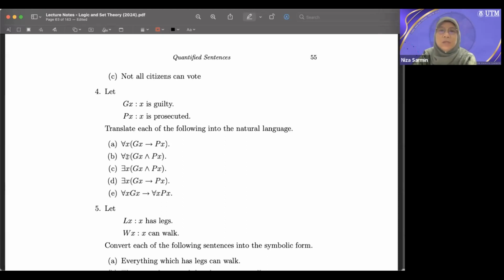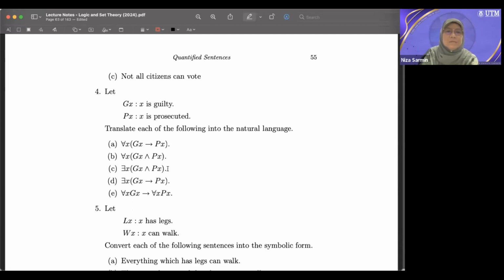When you translate, you will say for all X, X is guilty and X is prosecuted. It's not as nice as part A. So what you will say that everyone is guilty and prosecuted. That's it. Everyone is guilty and prosecuted.